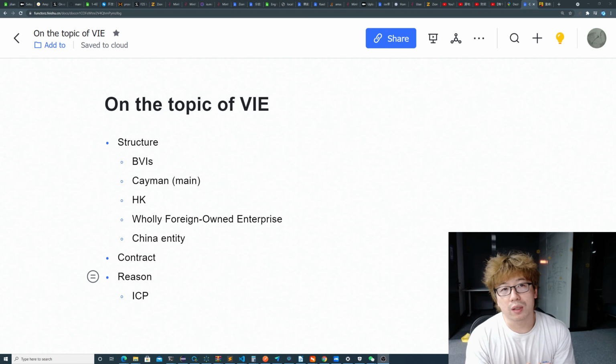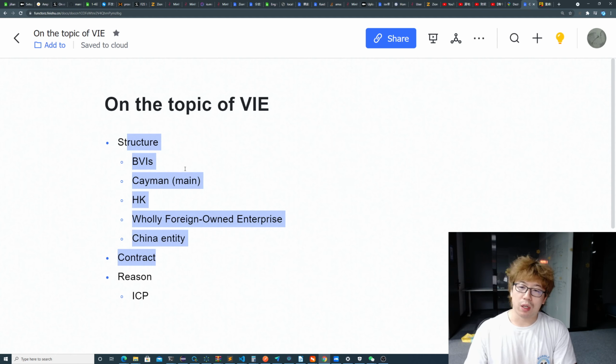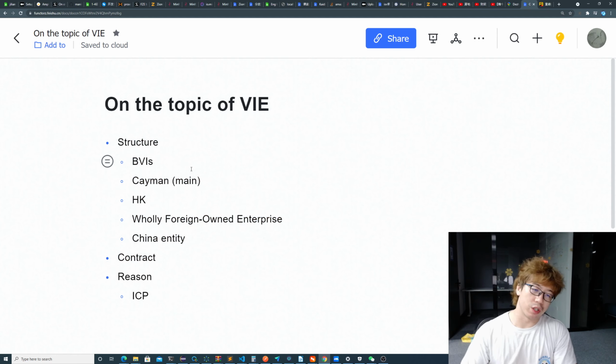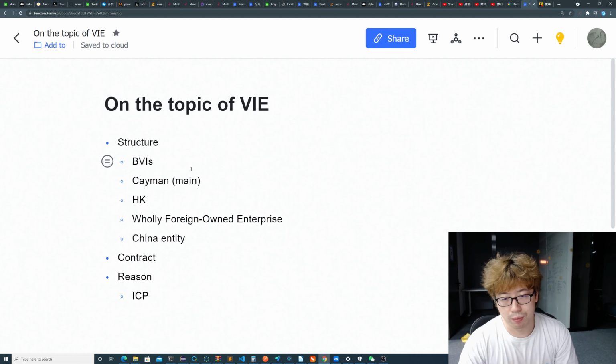So VIEs started off basically as a gray area, and the structure looks like this. You have some BVIs, British Virgin Islands companies, that are owned by the founders or founders' family trust, and also the venture capitals.